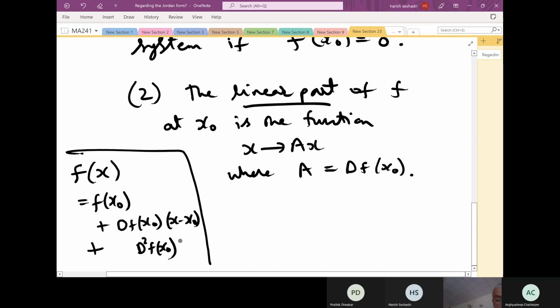Here I would do x minus x naught on this side and x minus x naught transpose on this side, plus big O of norm x minus x naught cubed.